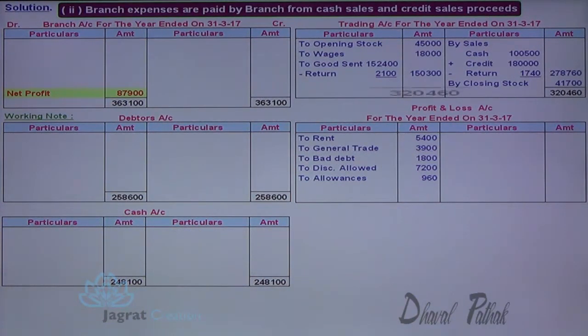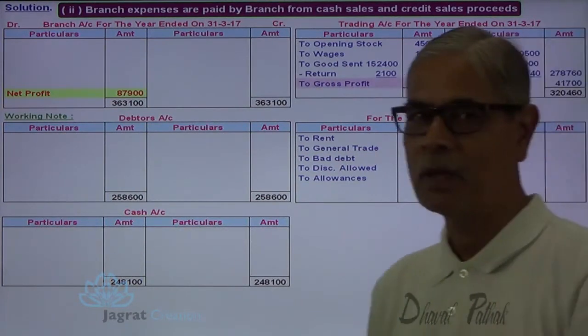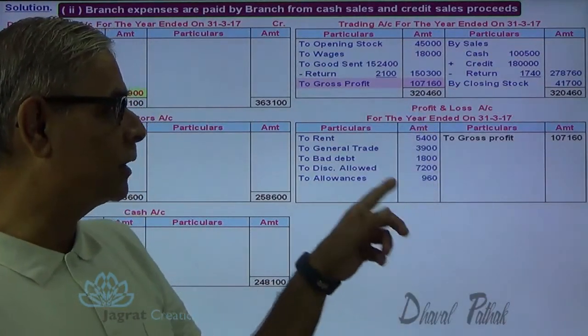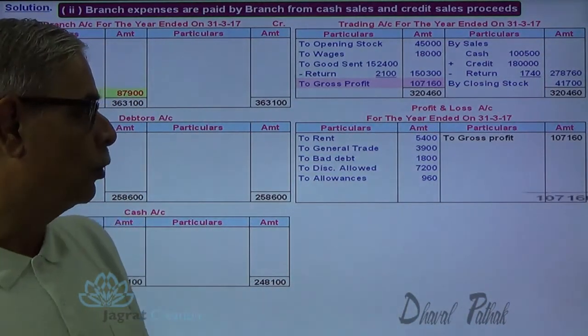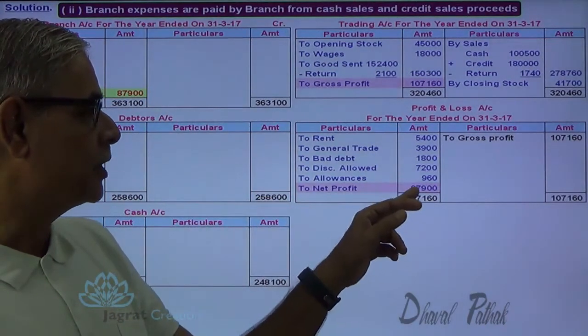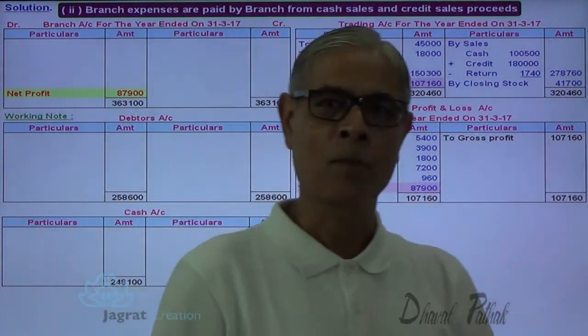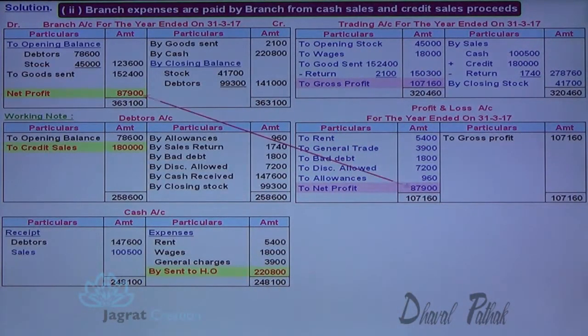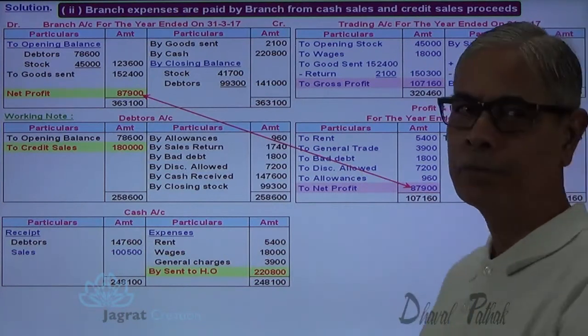Now find the gross profit: total of credit minus total of debit. There is a gross profit. This gross profit is transferred to the credit side of the profit and loss account. From that, all the expenses will be deducted. You will get a net profit. The net profit worked out to be 87,900, same as we have found out by preparing the branch account. So look, the profit is the same.